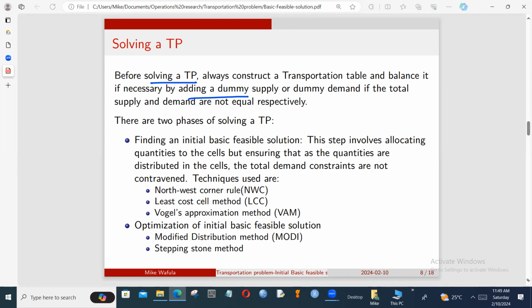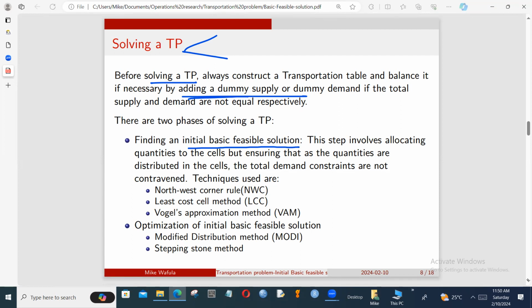Don't worry about how you shall balance, because you shall have a practical example later on on how to do it. But what is more important for us here is that to solve a transportation problem, we must know that the problem has to undergo two phases. The first phase is determining an initial basic feasible solution.